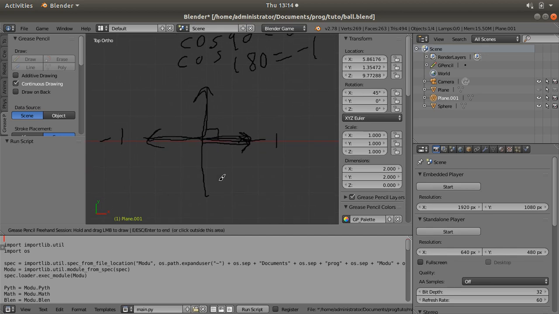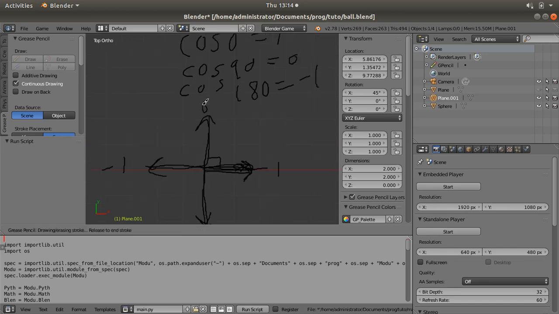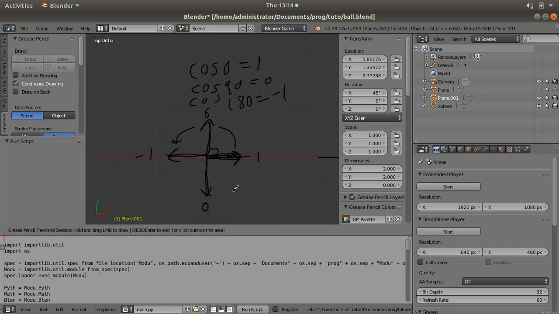If I have one vector here and one vector here, cosine of theta is 0. And any value in between these will fill in the values between 1 and 0. This fills in the values between 0 and 1.